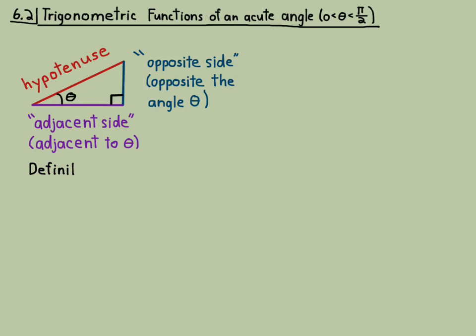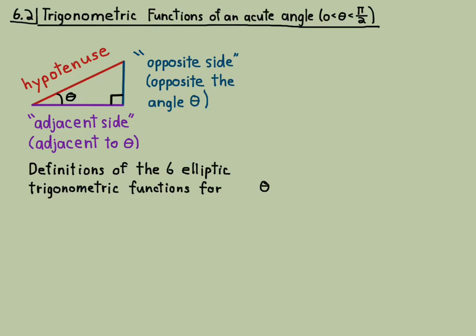Okay, so we define 6 different trig functions. These are called the circular trigonometric functions. For short, we usually just say trig functions. And this is for angles between 0 and pi over 2. So the sine function, S-I-N-E, we abbreviate as sin.